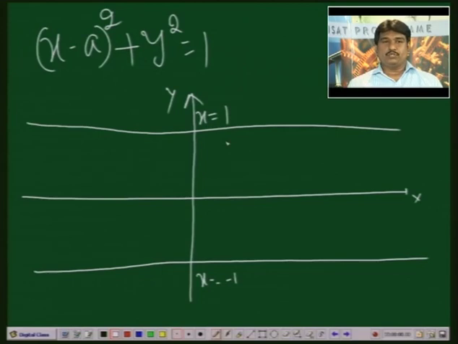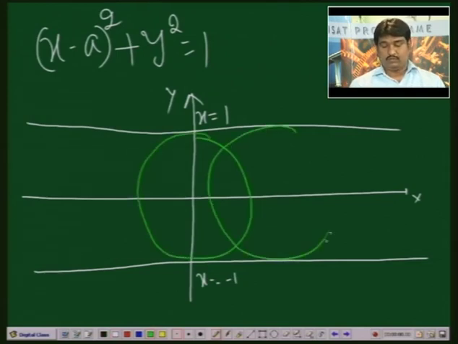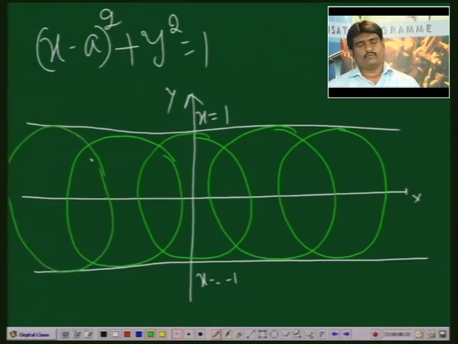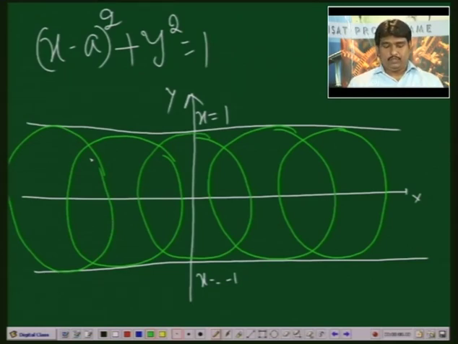So x minus a whole square plus y square equals to 1 represents a family of circles like this, with centers on x-axis, and so on. Now let me form a differential equation of this family first, then I'll talk about different types of solution of that differential equation.